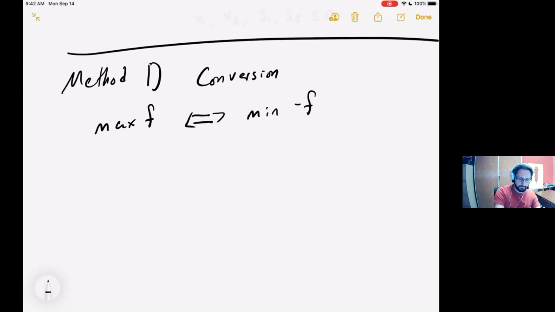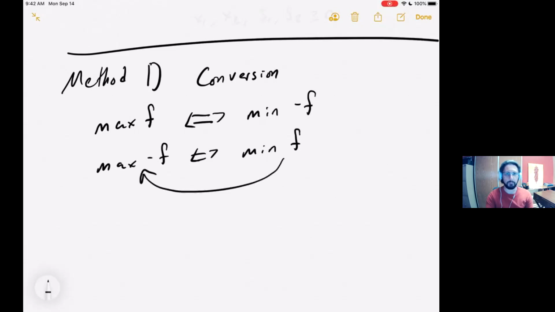So we could write maximize negative f as being the same thing as minimize f. So turning minimize f into maximize its opposite, and then performing the usual steps in the simplex method will give us the maximum value.